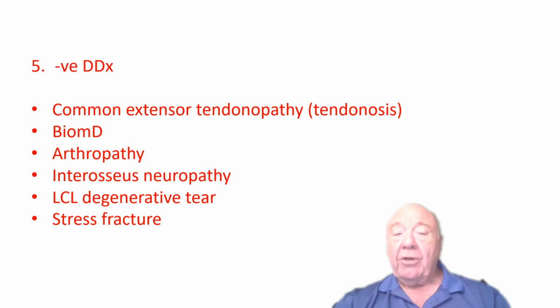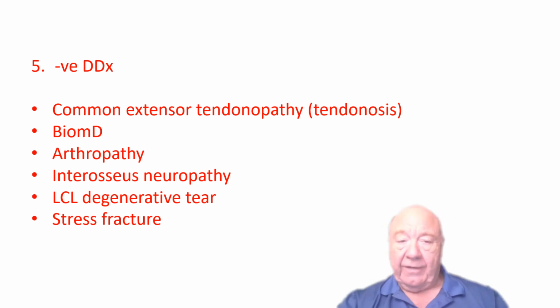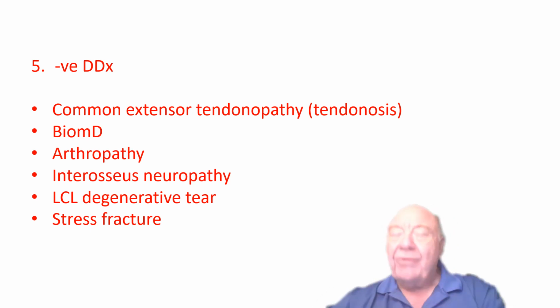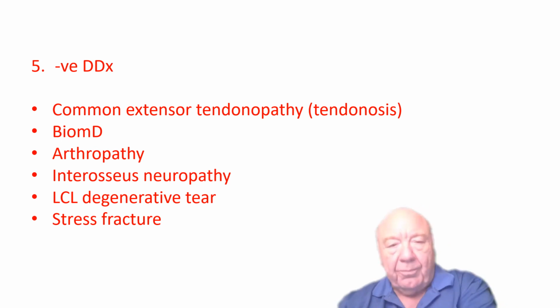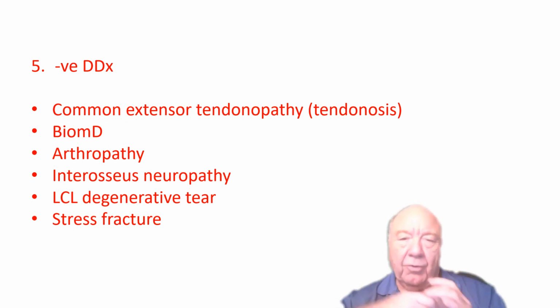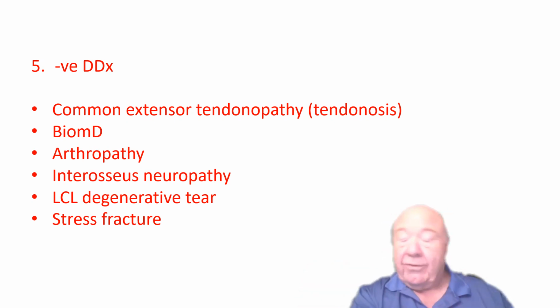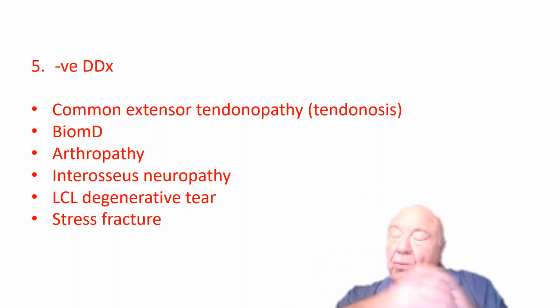So if I've got a test that's 100% for the common extensor tendinopathy, and that test is negative, I know that it's not common extensor tendinopathy. Whereas if I'm looking at proving it, I need 3 or 4 tests to come close to proving it. Basically, the essential illness script has to be present for me to prove that it's present, whereas a single test or a single question can actually say it's not that, or in all probability it's not that.